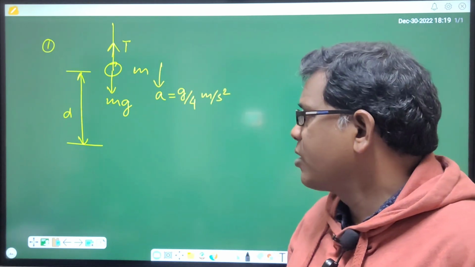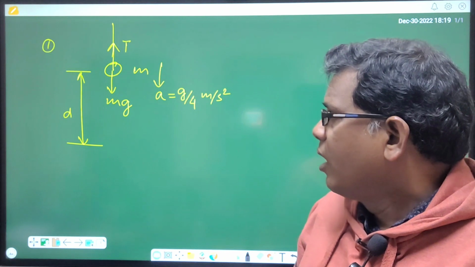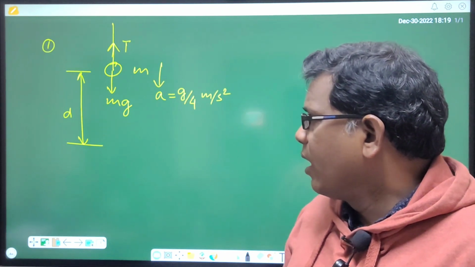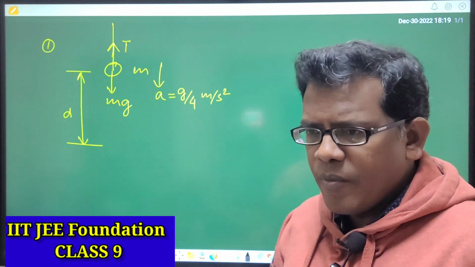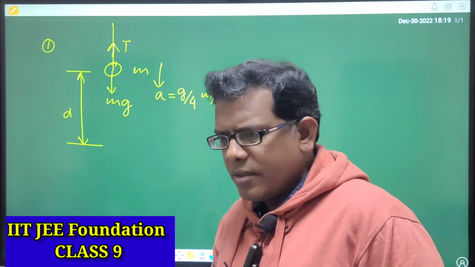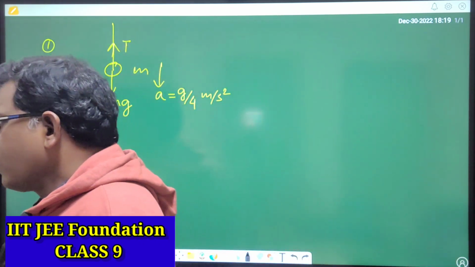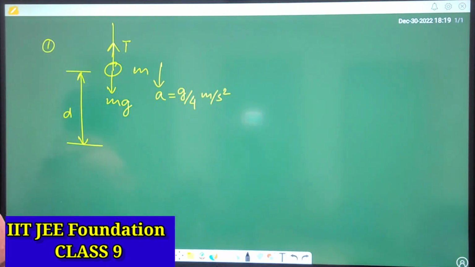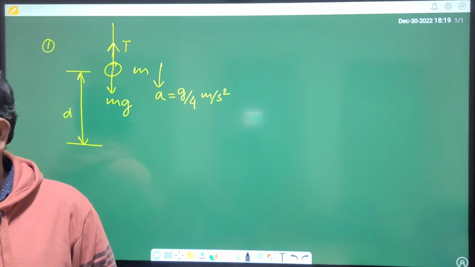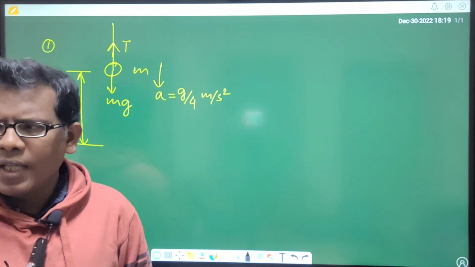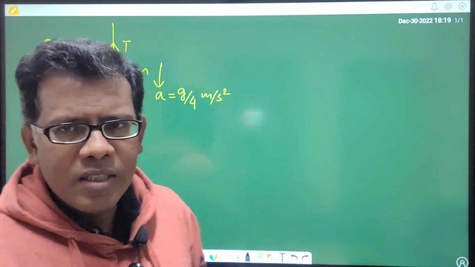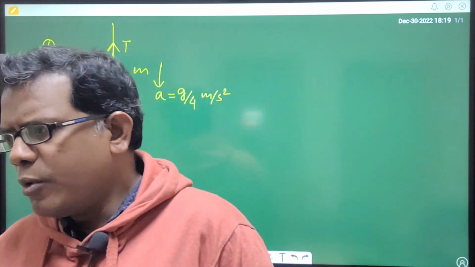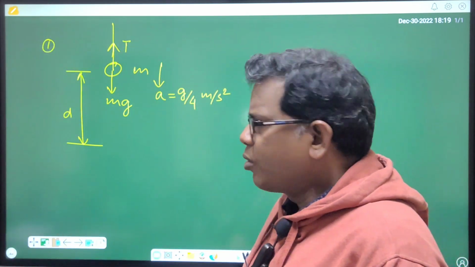Tension in the string is acting in which direction? Upward in direction. So we have to calculate the work done by this tension force, which is acting upward, under the condition where the block is moving vertically downward through a distance d.